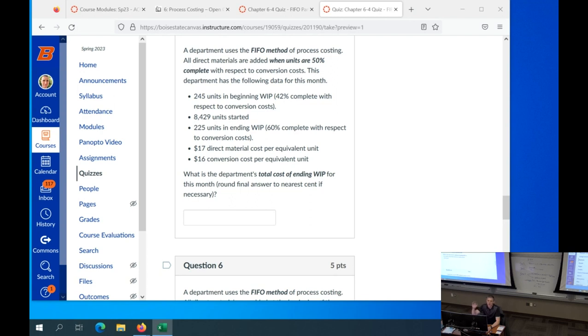How many need more time? I don't think I saw any hands. One more hand. Okay, one more time.